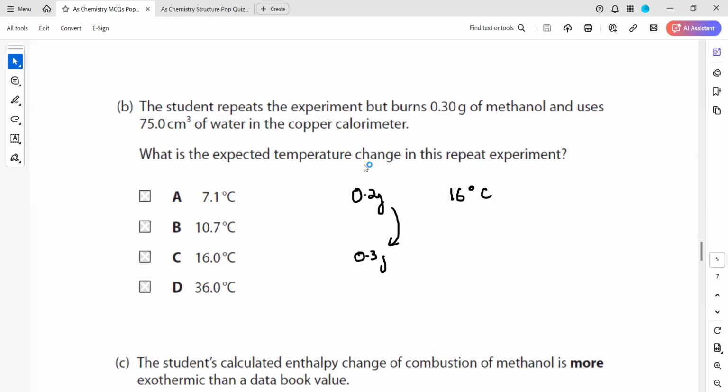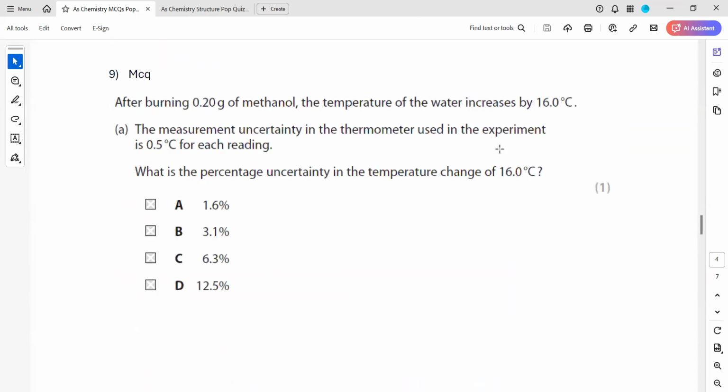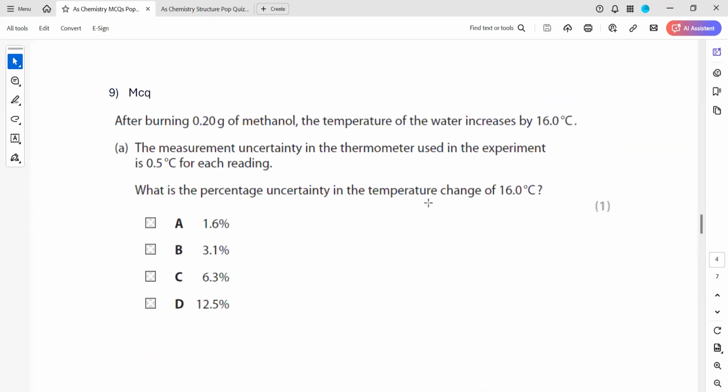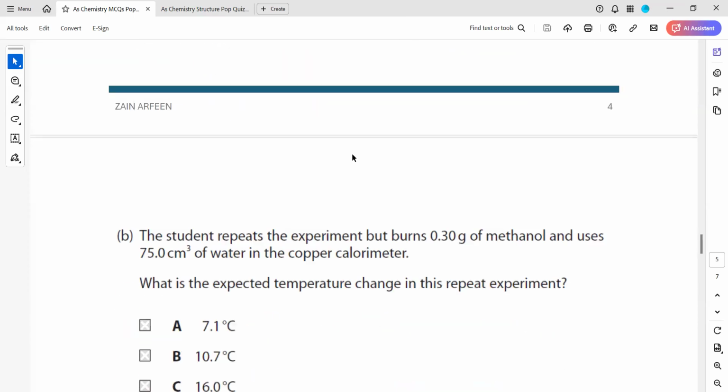So it is increased by 1.5 times. So if this is increased by 1.5 times, the temperature change should also increase by 1.5 times. And the volume of the solution also matters. That part, actually, the volume of the solution was missed here.